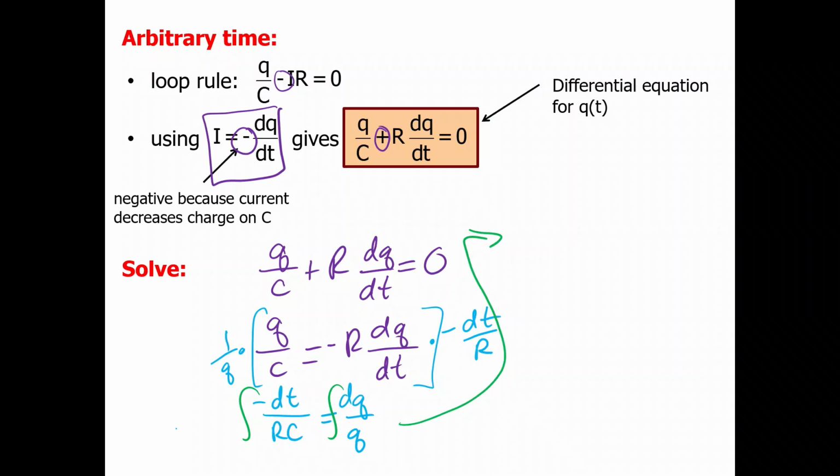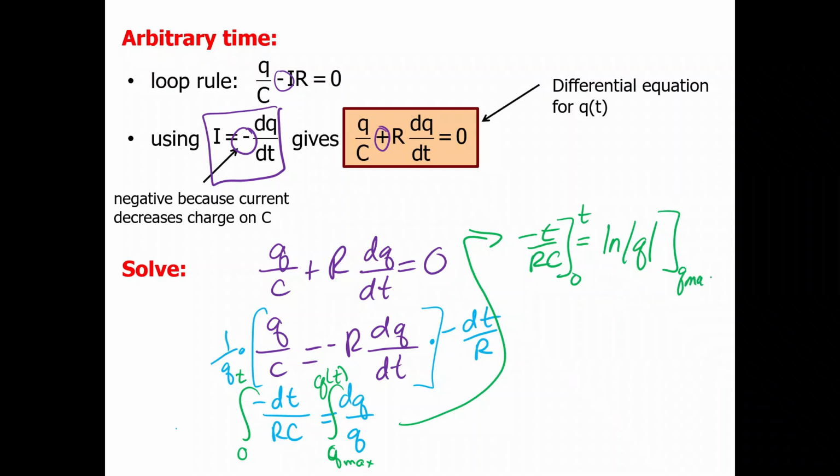And we're going to go from q max to q of t, because we are starting off charged and we're going from 0 to t. So on the left side, we're going to get negative t over rc. On the right side, we're going to get the natural log of q, evaluated from q max to q of t, with time going from 0 to t.